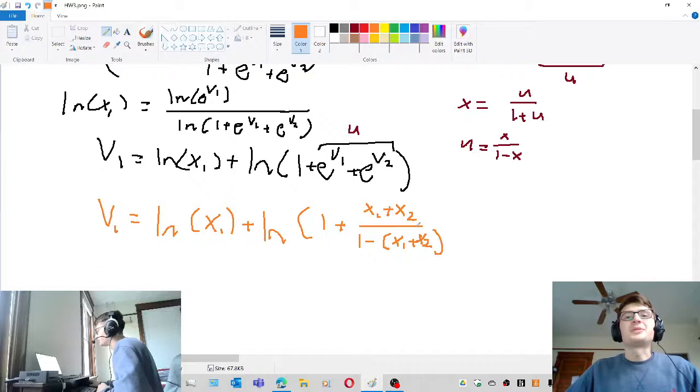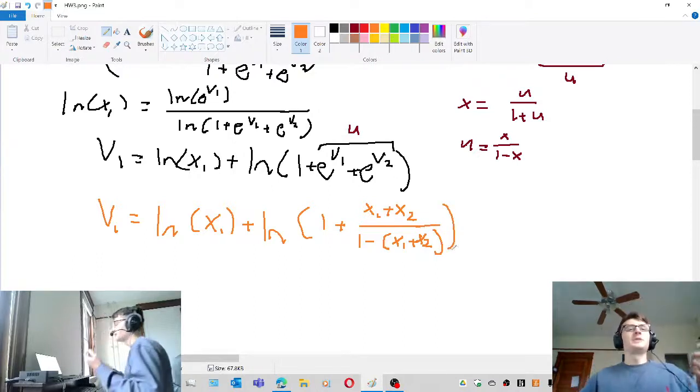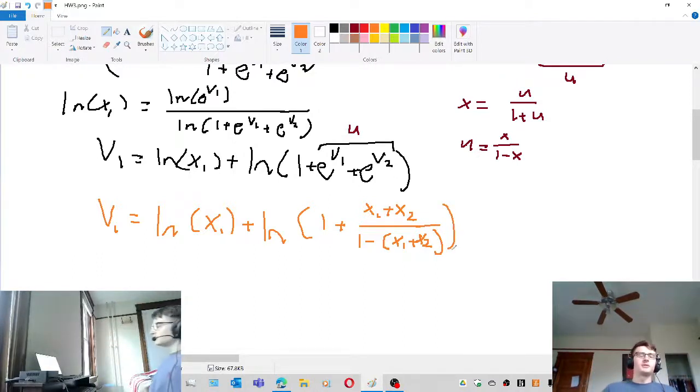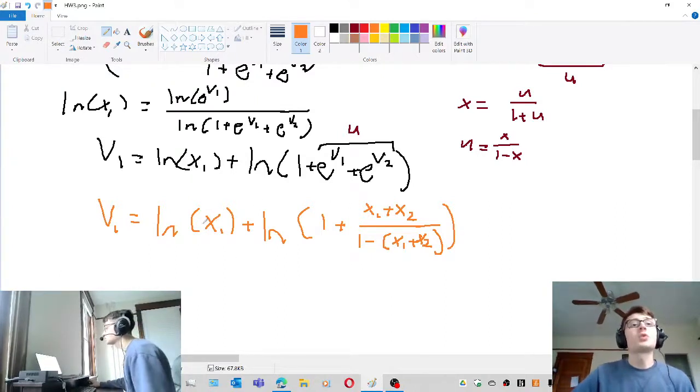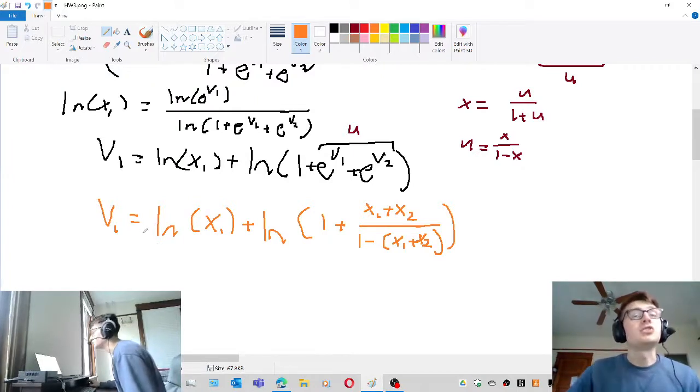I kind of wrote that out of order. That's funky. But yeah, this is a formula for v1. Now if I wanted to get this for v2, I would just change out this x1 with x2. And then that would be what v2 would be.